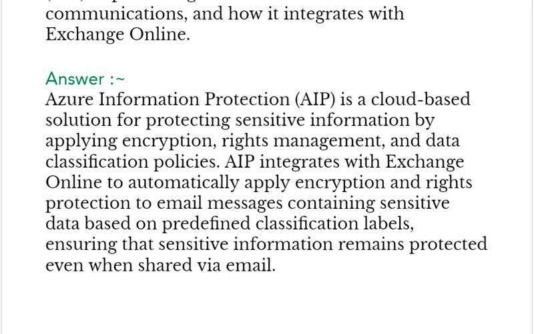AIP integrates with Exchange Online to automatically apply encryption and rights protection to email messages containing sensitive data based on predefined classification labels, ensuring that sensitive information remains protected even when shared via email.